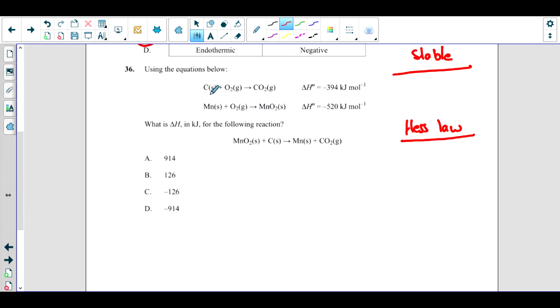Let's see this one. Carbon plus oxygen gives us CO2. Here we need CO2. It's on the product side. We also need it on the product side. So no need to do anything with this equation. We have not done anything, so negative 394 as it is. Here we have Mn plus O2 becomes MnO2. We need it on the reactant side, so we flip it. MnO2 will give us Mn plus O2.